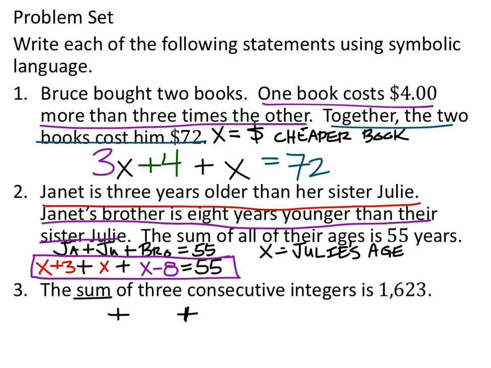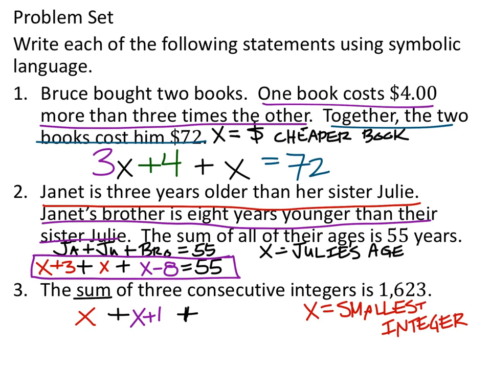Since we have 3 consecutive integers, integers are whole values, or they're negatives or opposites. So I'm going to say x specifically is the smallest integer. If x is the smallest one, and these are straight consecutive integers, then the smallest one would just be x. The next integer would be the smallest one, but one more after that.